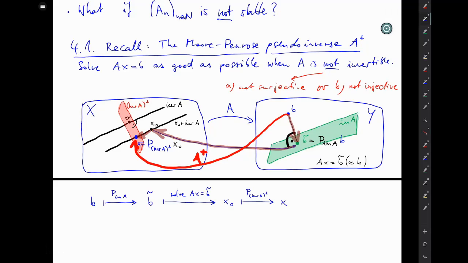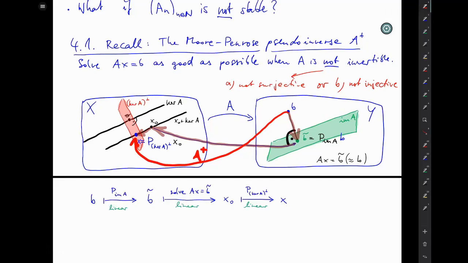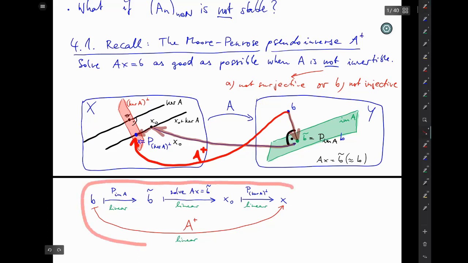Each one of these 3 steps is linear, so that the composition that brings you from B to X is also linear. But that composition is nothing but the Moore-Penrose pseudo-inverse of A. Okay, so you could take this as an algorithm to compute the pseudo-inverse, but we will see better ones.